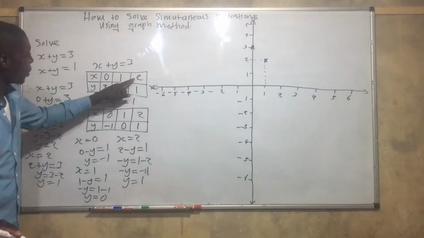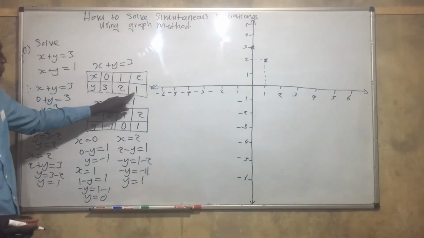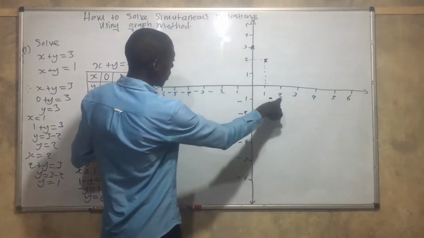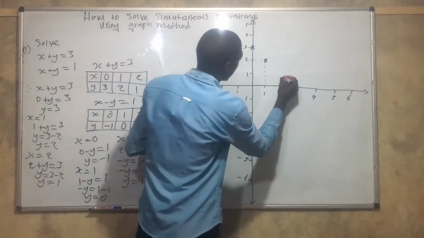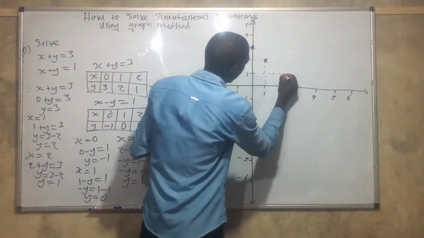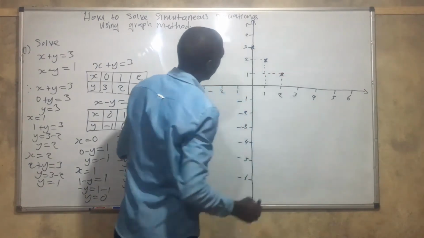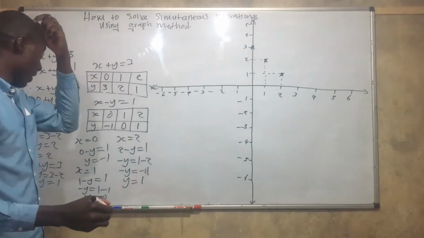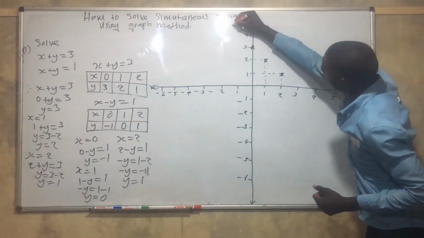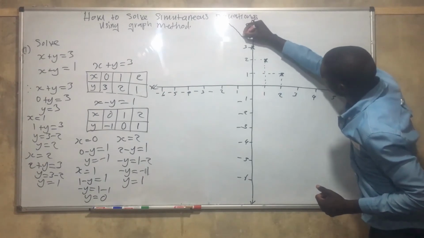Then we are plotting 2, 1. So positive 2 in the x-axis, then in the y-axis 1. So it is there. So we can join that line. When we join these 2 points, it will be like this.